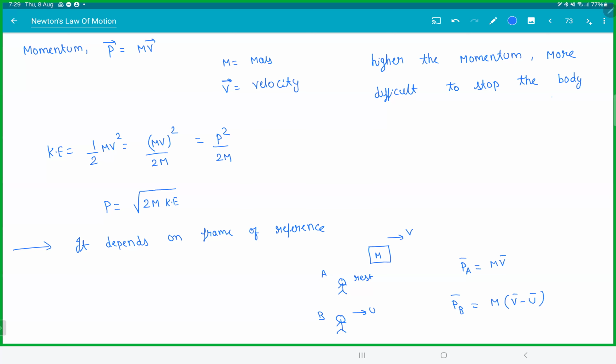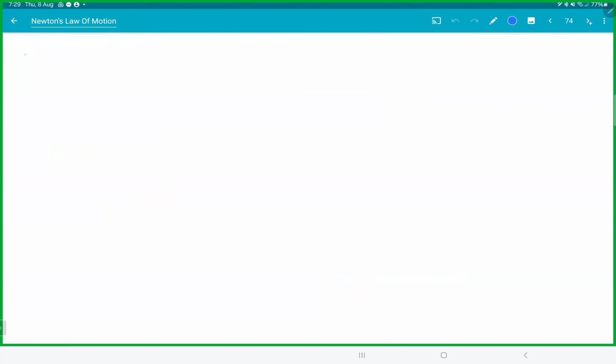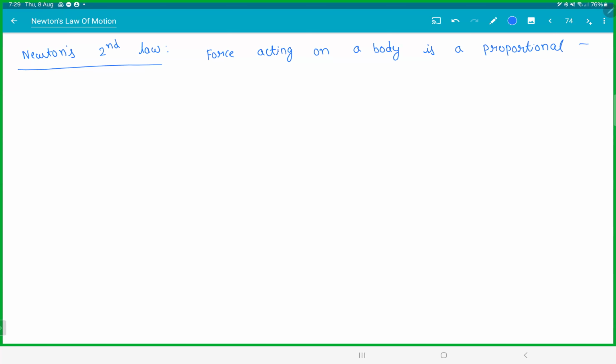Then comes Newton's second law. Newton's second law says the force acting on a body is proportional to the rate of change of momentum.